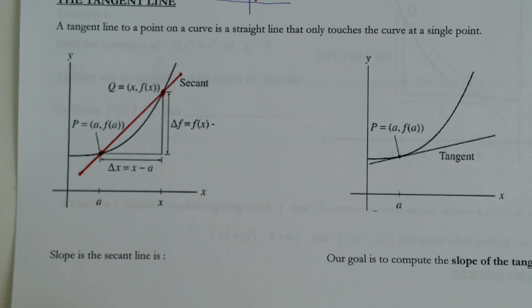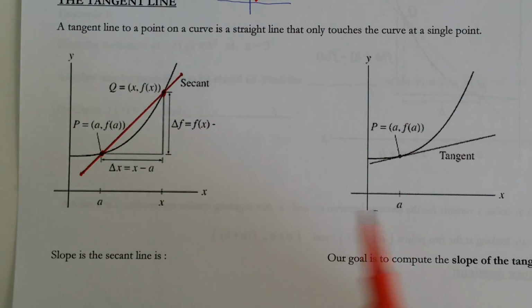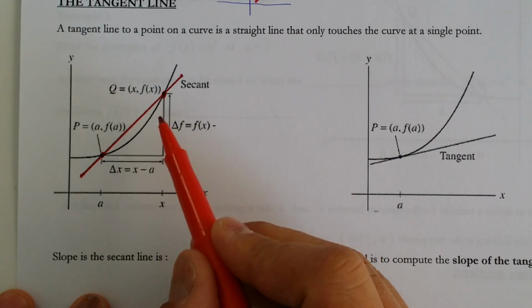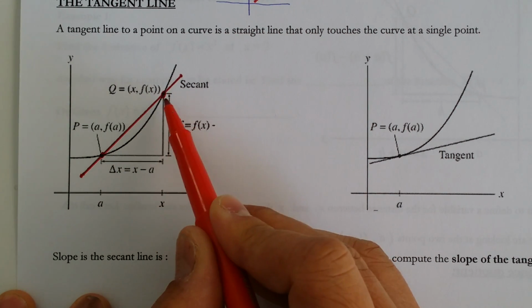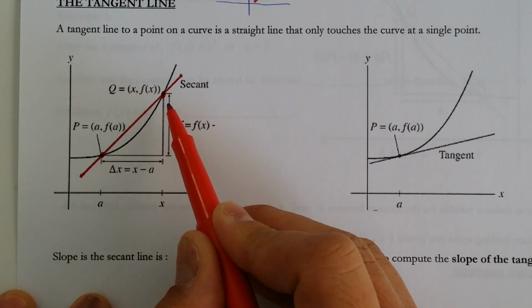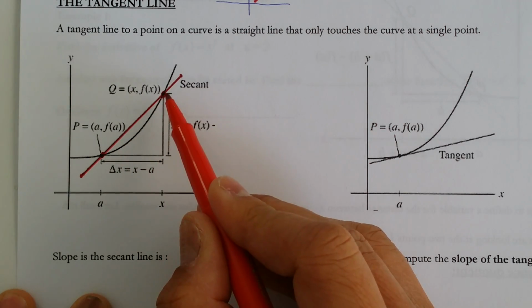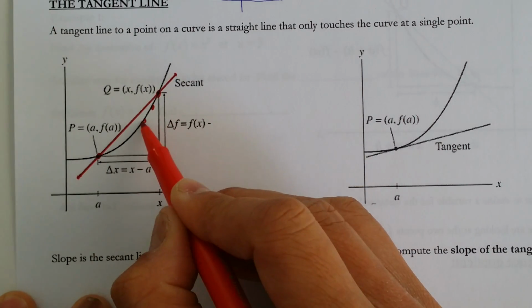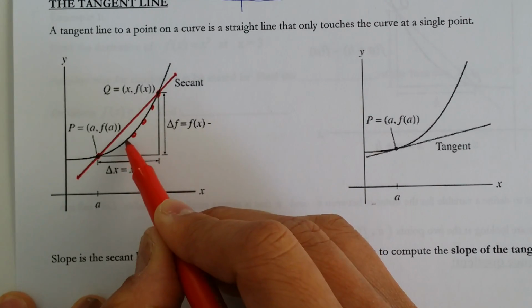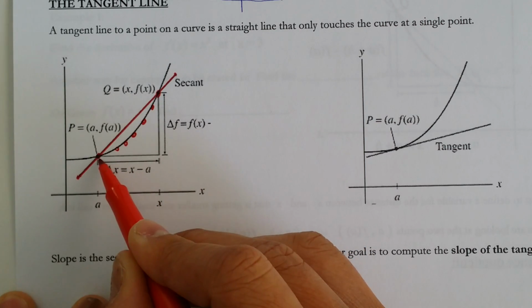Okay, and what we want to do is continually pick the second point. This is the first point, this is the second point. We're going to pick the second point closer and closer and closer and closer and closer to the first point.